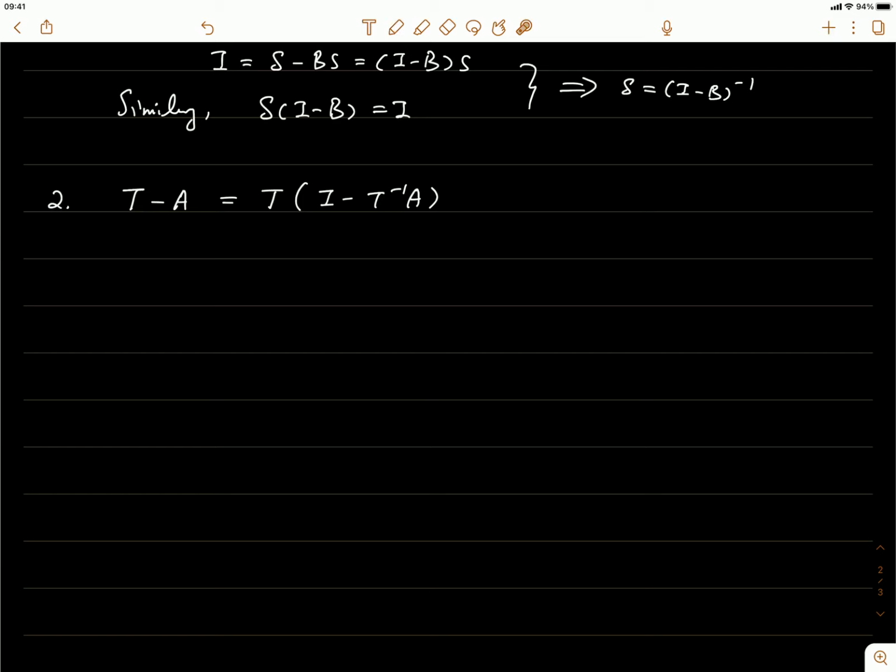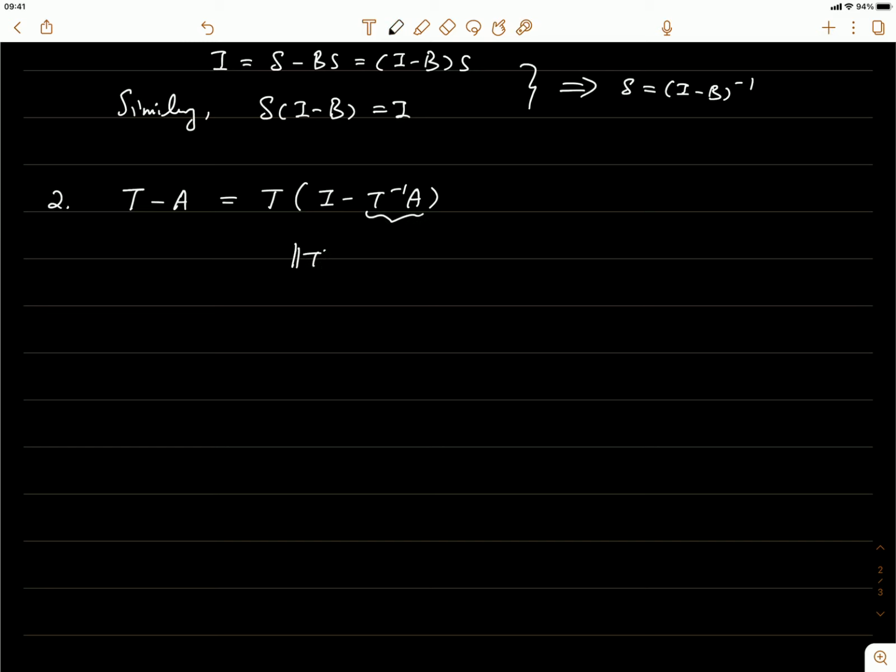So if I want to show this is invertible, I just need to check if this one is invertible, because the product of invertible elements must be invertible as well. But this one, we know from the previous result, as long as this term has a norm smaller than 1, then it will be invertible. So now let's look at the norm of this term.